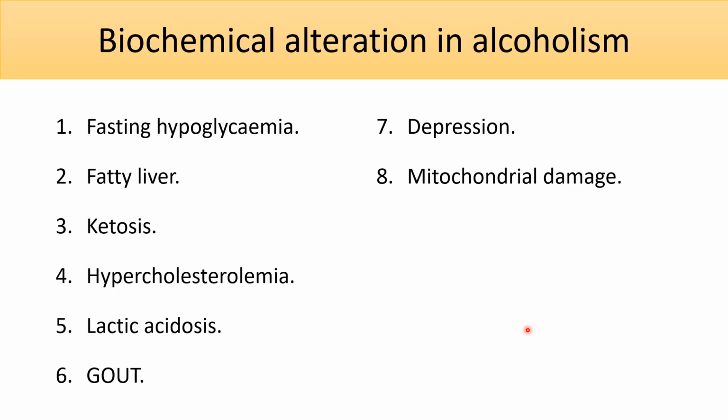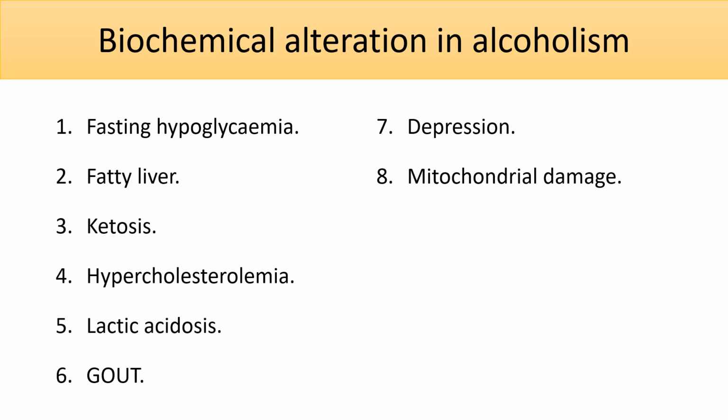So what are the additional clinical features? The patient will have depression, and due to the increased free radical formation in alcohol metabolism, there will be mitochondrial damage. So the biochemical alterations are: the patient will have fasting hypoglycemia, fatty liver, ketosis, hypercholesterolemia, lactic acidosis, gout, depression, and mitochondrial damage due to free radical production.